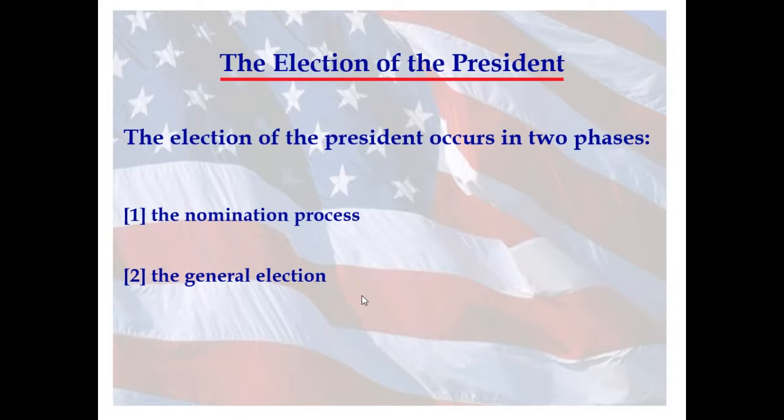So typically in our system, we focus on the Democratic Party's nominee and the Republican Party's nominee, but most of you are probably aware that in many elections, there may be a Libertarian Party candidate, or some other third party candidate. For example, were there any third party candidates in the most recent presidential election?